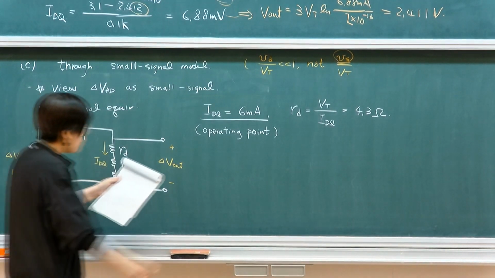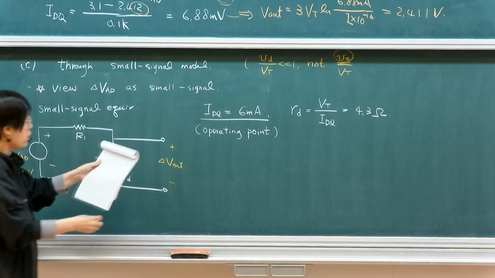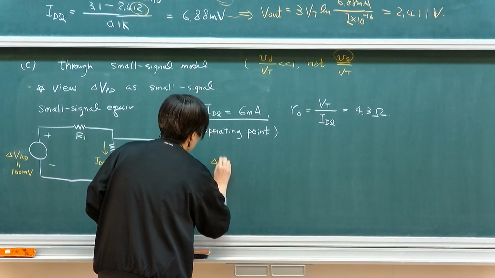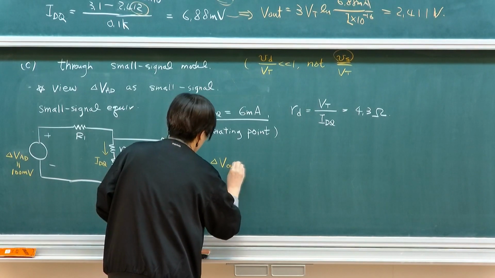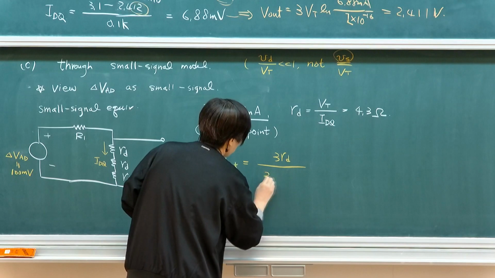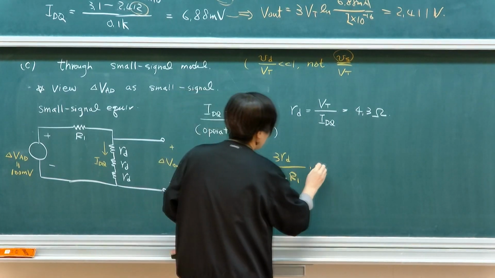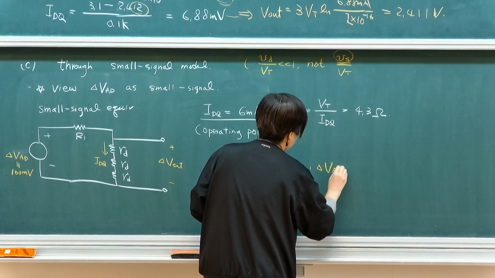Your delta V out, simply from this circuit, is just a voltage divider. So your delta V out, in this case, will be 3 times RD over 3 times RD plus R1, times delta VAD.